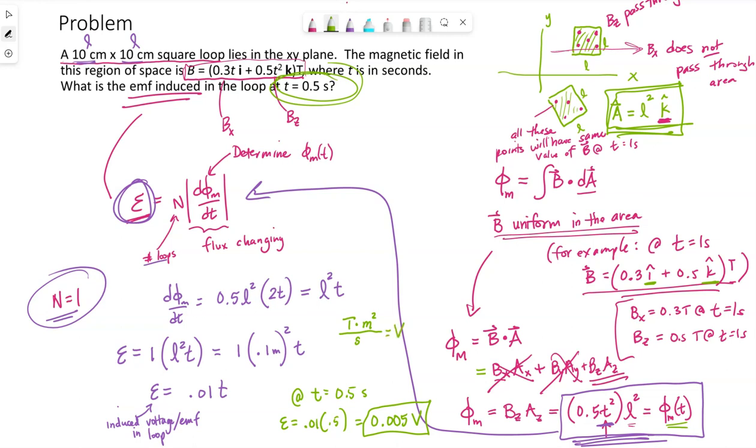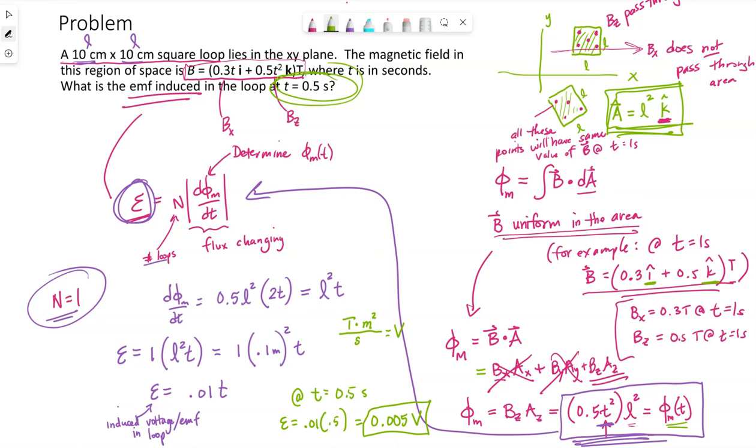This is where our volts are coming from, which I have a hard time remembering all these units. If you look in the test notes, right now, we have units on page 3 of our test notes.